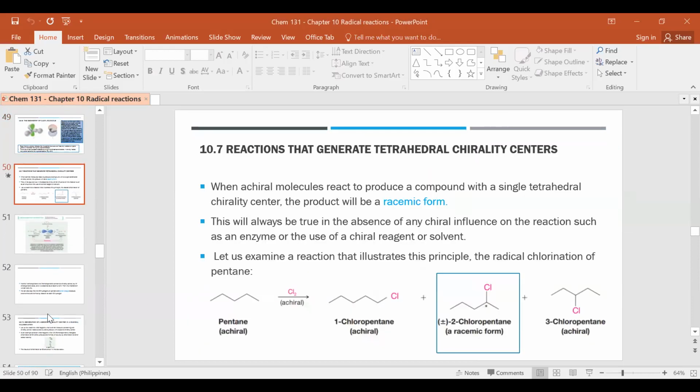Again, that ends our discussion. I won't rush the discussion of the reactions that generate tetrahedral chiral centers the first time, because it might take too long. So we're going to finish today, and we'll continue on Friday.